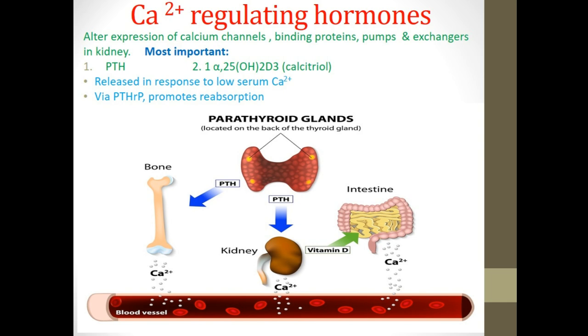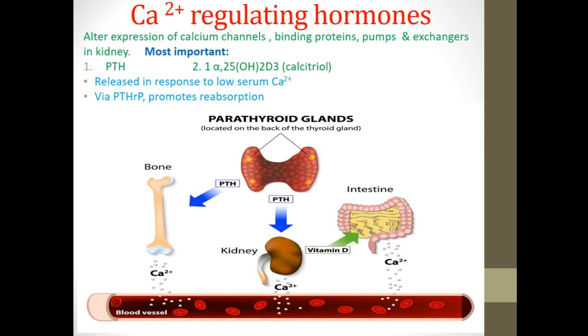Here you can see the role of PTH, parathyroid hormone. Here we have the thyroid gland. You see that this thyroid gland has a front portion and a back side portion. The back portion of the thyroid gland has the parathyroid glands, located on the back side of the thyroid gland.